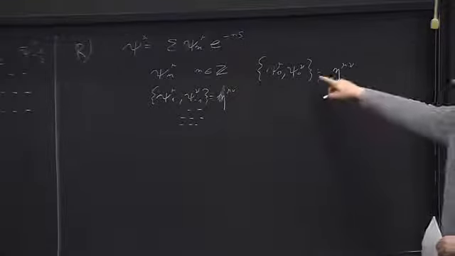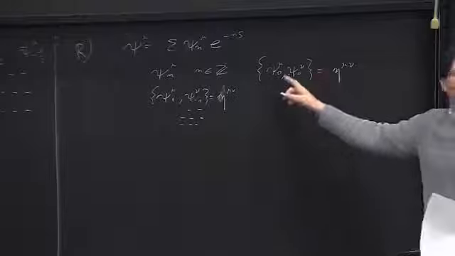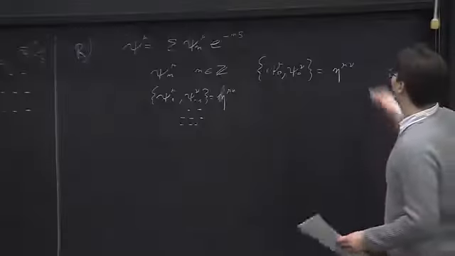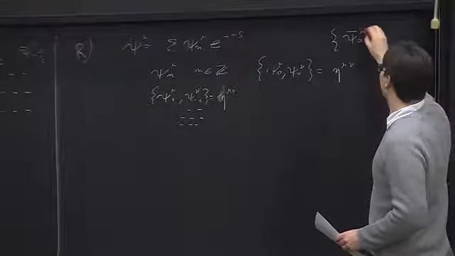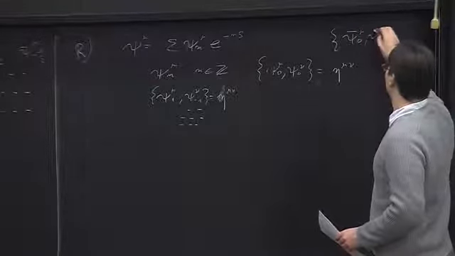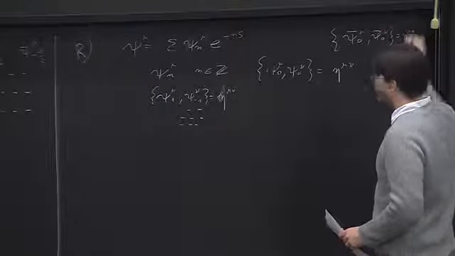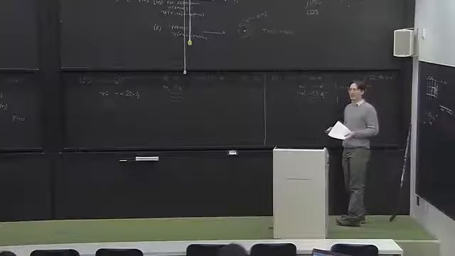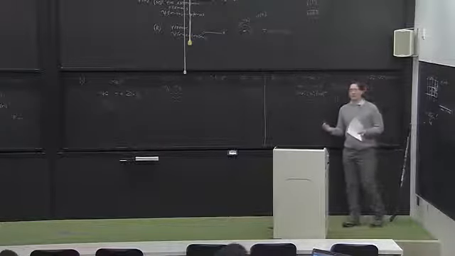Now, this should remind you of something we saw yesterday, essentially telling you that the psi naughts are gamma matrices. So in the Ramond sector, I have two sets of gamma matrices acting on my states. So it means that the basic states in the Ramond sector will have to sit in some spinor representation of the Lorentz group.